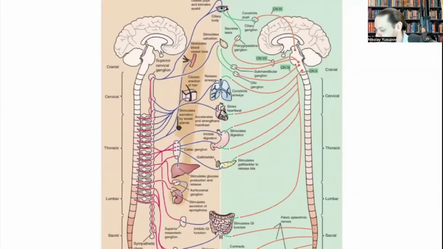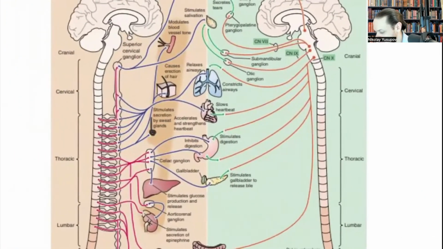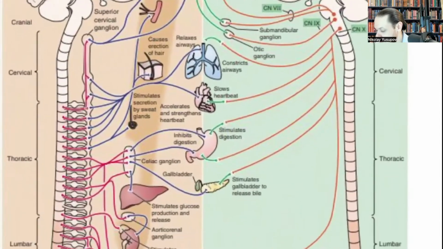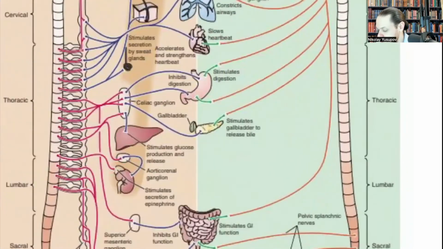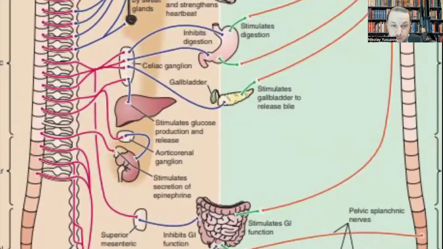The other important thing I want to emphasize: we talked about the renin-angiotensin-aldosterone system, but you remember that in a setting of low blood pressure, what other system is activated? In the setting of shock, you also have your sympathetic system, the fight or flight response.